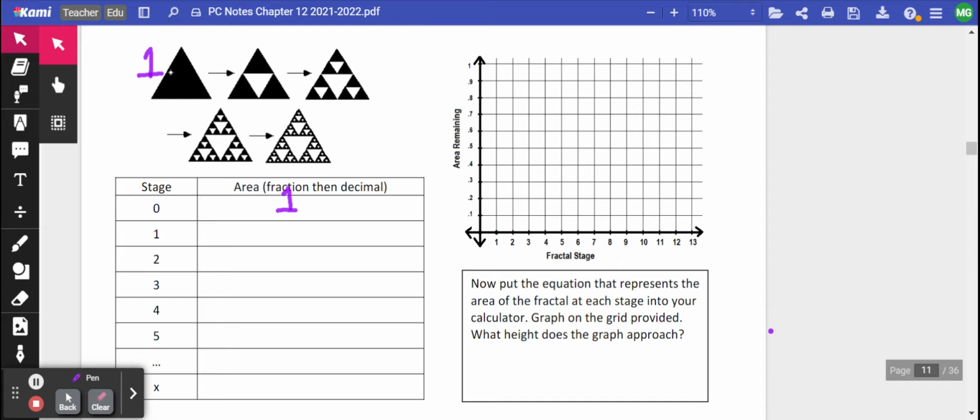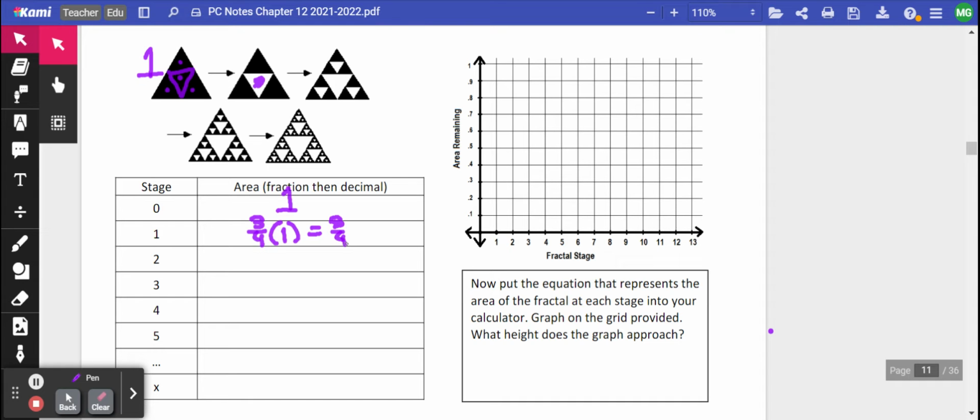If you notice, when we connect midpoint to midpoint to midpoint, we've actually created 1, 2, 3, 4 equally sized triangles. So when we remove one of them, we are left with 3/4 of the previous, which is just 3/4. Okay, so the area that remains is 3/4. I know that's messy, but you know what it says.